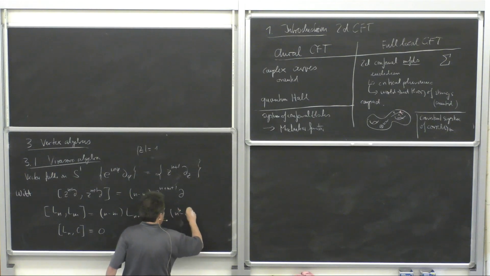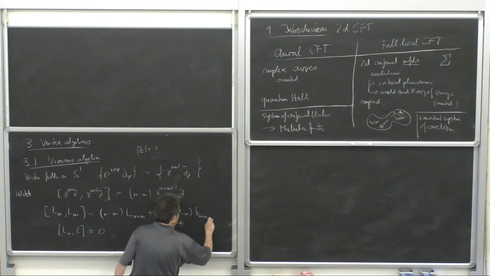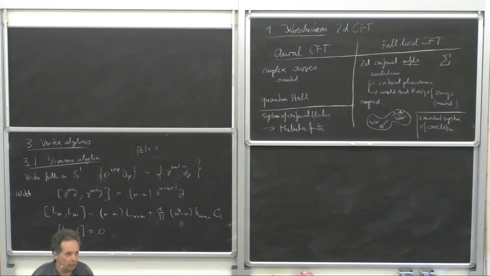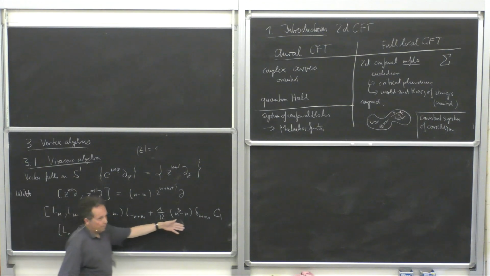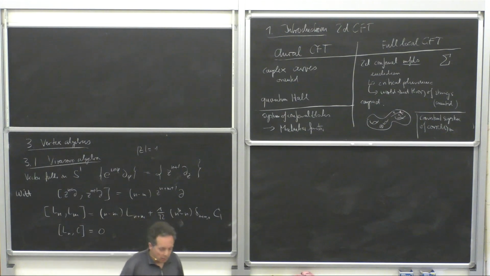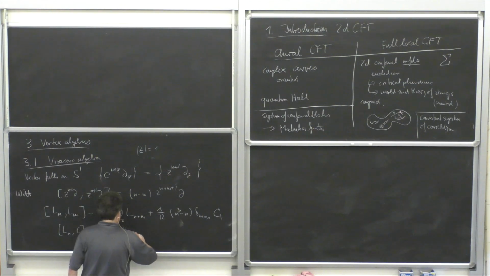This is an exercise. You can do this easily by hand, but really, if you do it by hand, you've done a first computation in Lie algebra cohomology. So this is really, up to something that's under control, the only way you can write additional terms. And this algebra is called the Virasoro algebra.